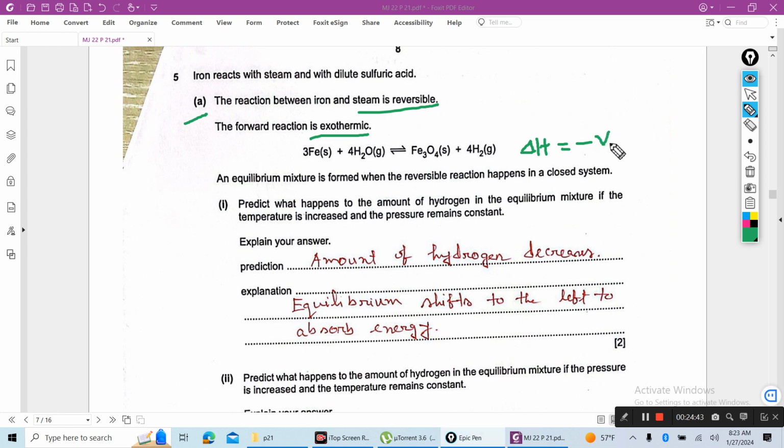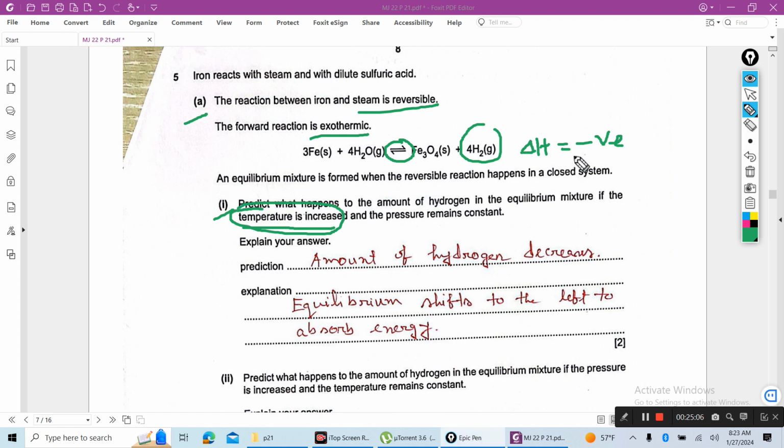This is a reversible reaction, with the reversible sign. Now the question is asking you to predict what happens to the amount of hydrogen in the mixture if the temperature is increased.